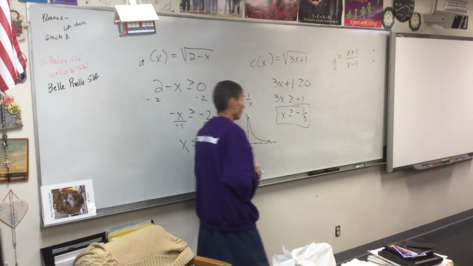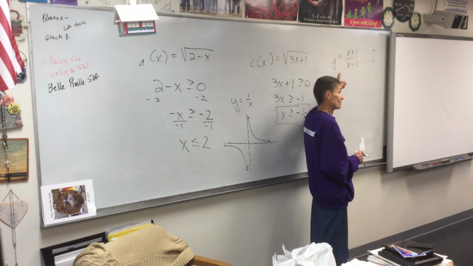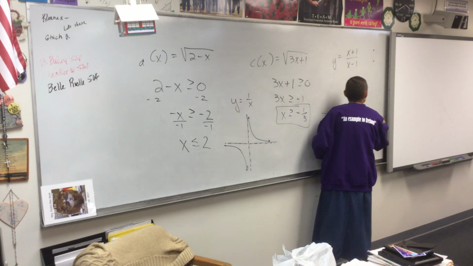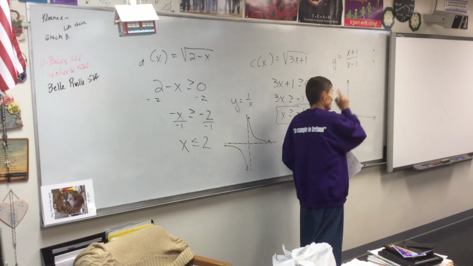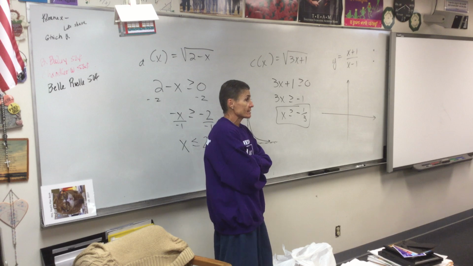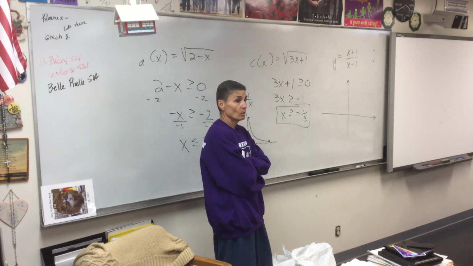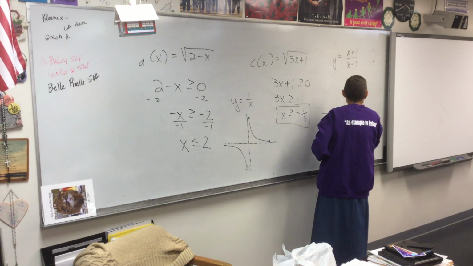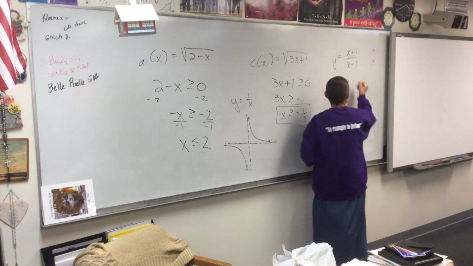Okay? Now, where is the vertical asymptote in this problem? Well, it's very simple. What's your domain in that problem? X can't be 1. That's where your asymptote is. Your asymptote is whatever x can't be.